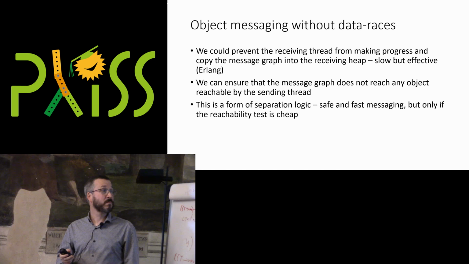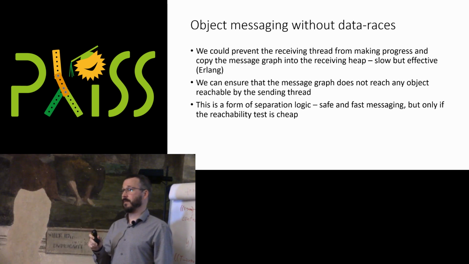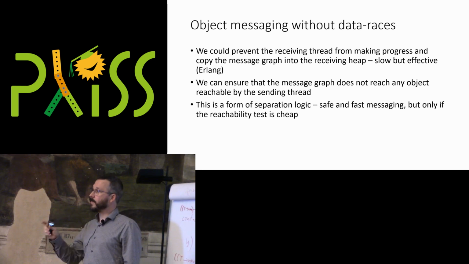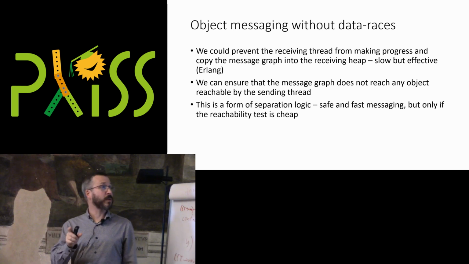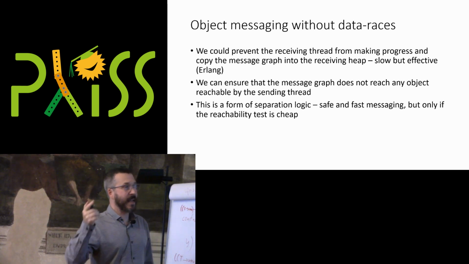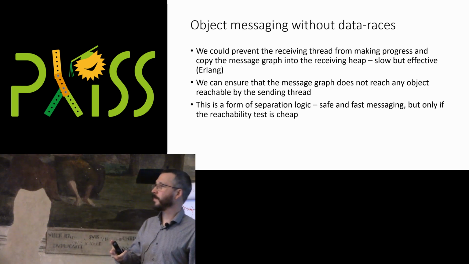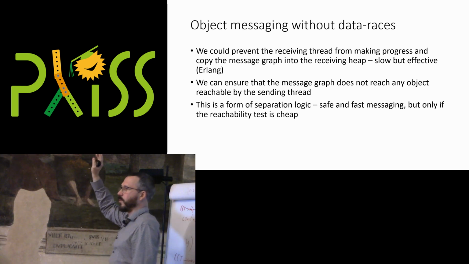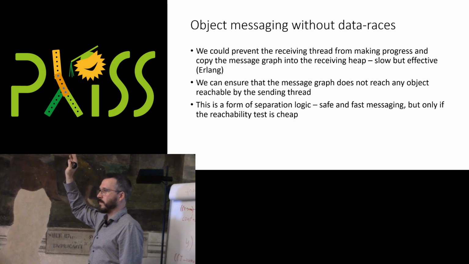Okay. That's separation logic. That's encoding a limited separation logic into your operational semantics. It's safe and it's super fast if your reachability test is cheap. Is everyone comfortable when I say separation logic? All right.